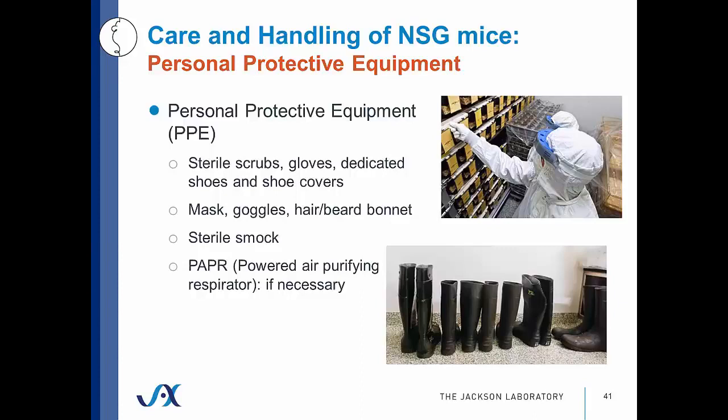Also wearing a mask and goggles, as well as wearing a hair or a beard bonnet. Also wearing a sterile smock over those scrubs. And finally, if it's necessary, wearing a powered air purifying respirator, or PAPR, will generally reduce the level of infection or the spreading of infection.